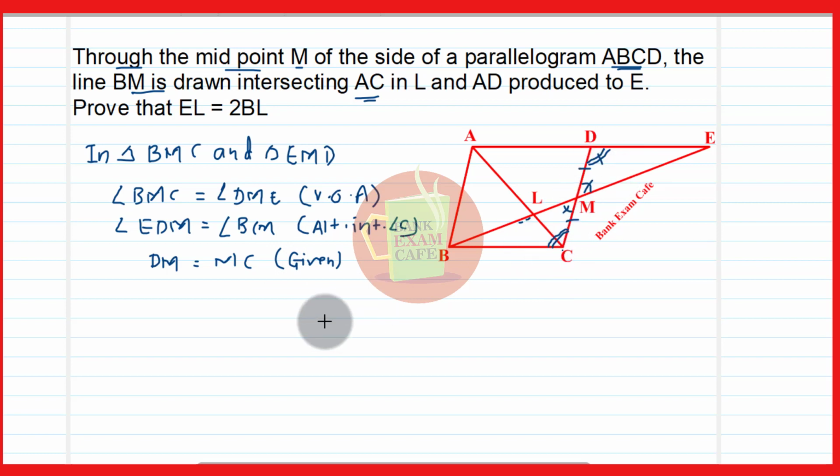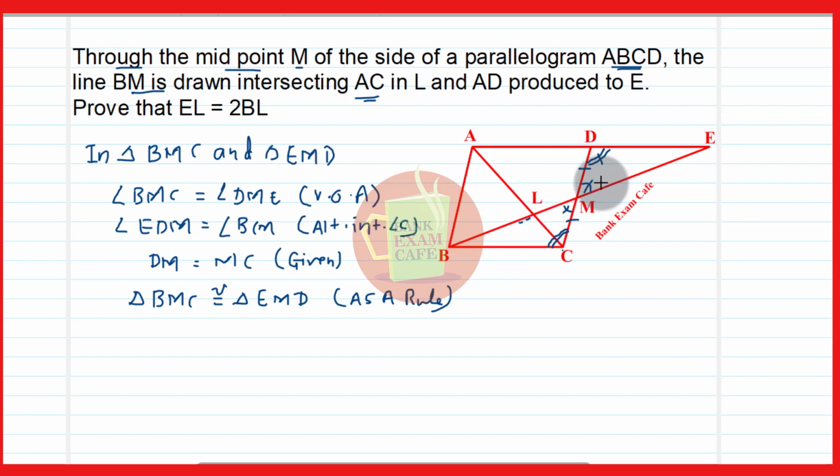And therefore these two triangles are congruent. Therefore triangle BMC is congruent to triangle EMD by ASA rule.